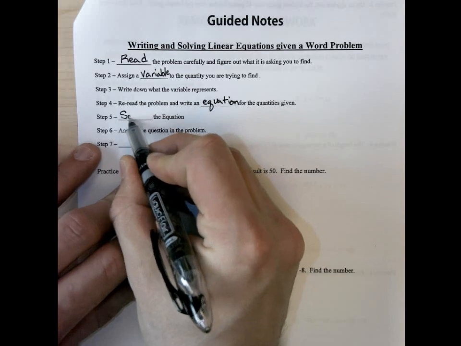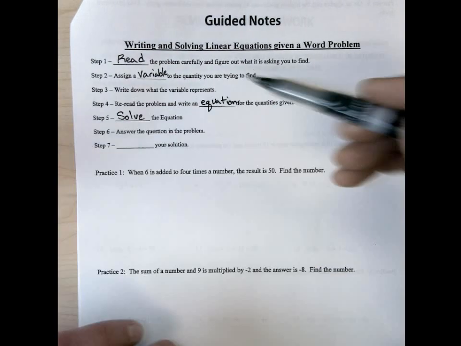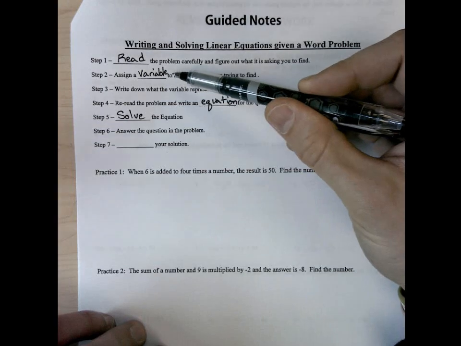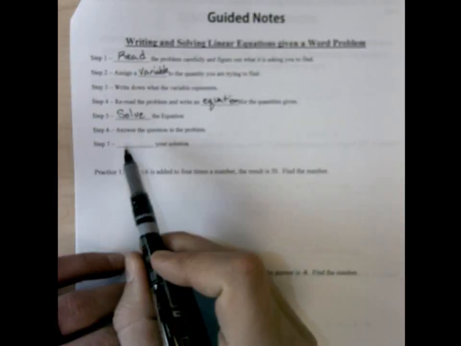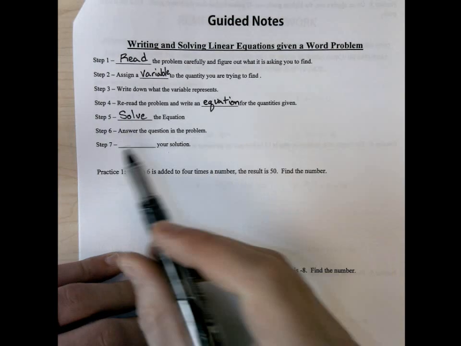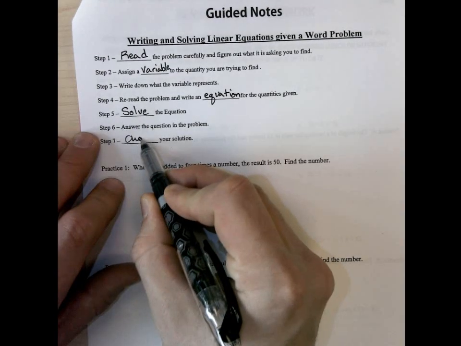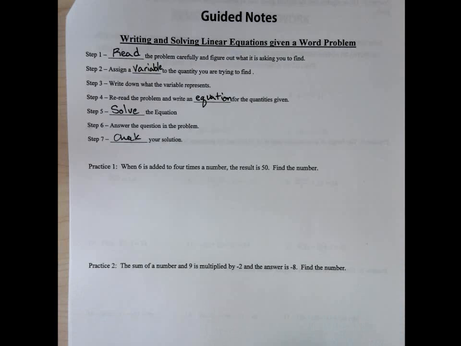Once we have an equation written, we are going to solve the equation to figure out the unknown number that this variable represents, so we can find the solution to the problem. Answer the question in the problem, and then check the solution. When you check your solution, you want to make sure that it actually makes sense in the context of the problem as well.